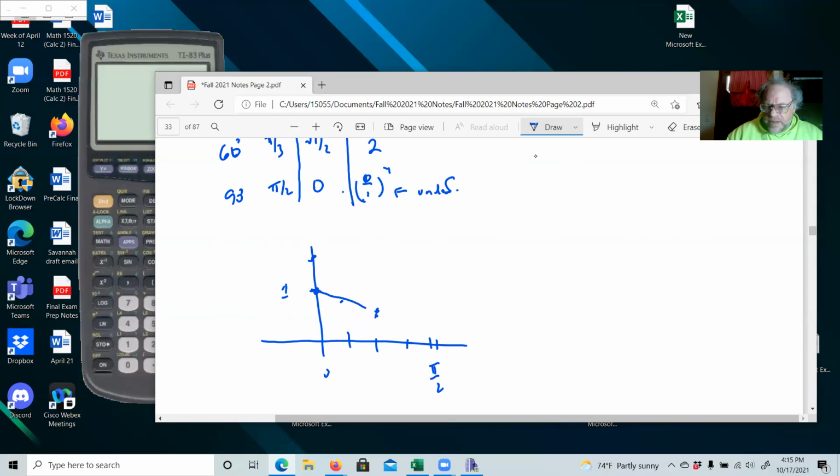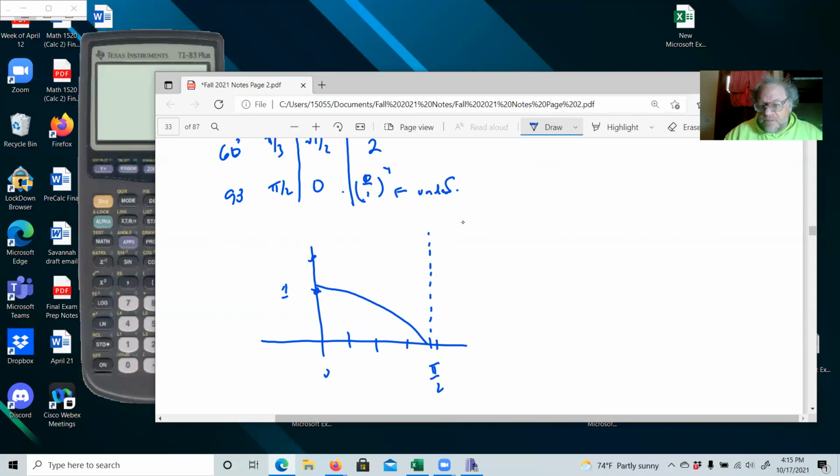So cosine is doing something like this. We're going to do Desmos in a moment. Now when it's undefined, it's 1 over 0.